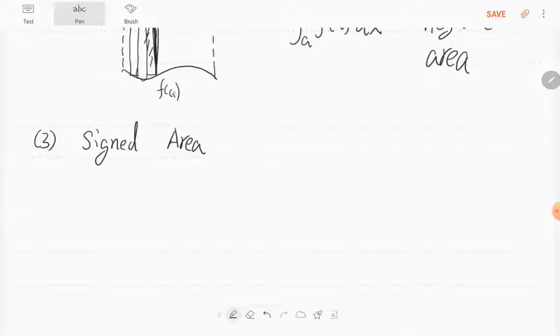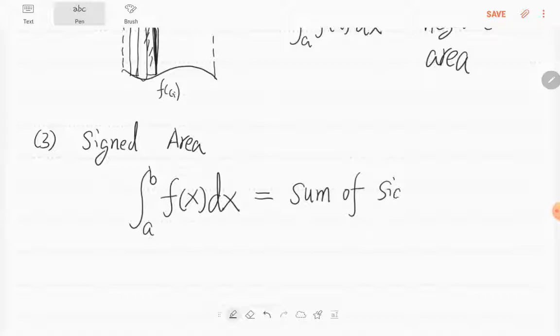The signed area tells you that the integral from a to b of f of x dx is the sum of signed areas.